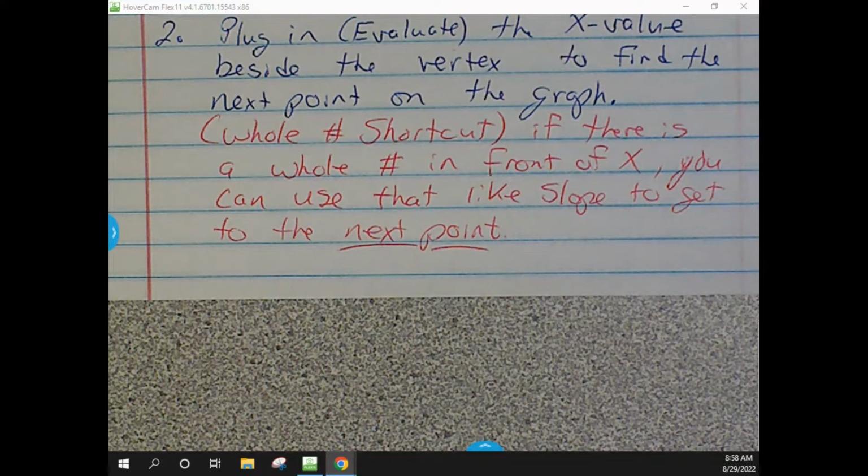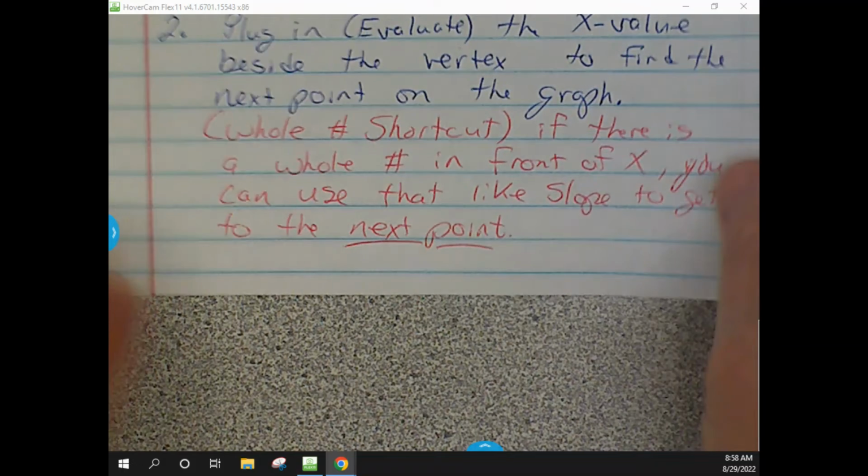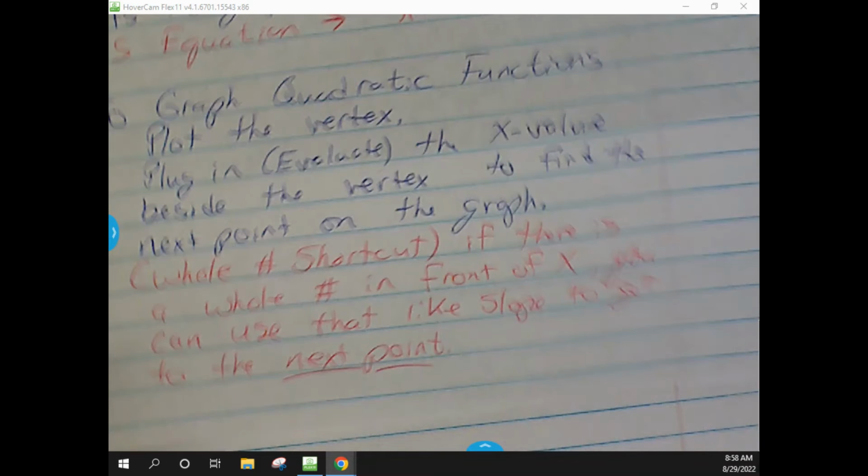Okay, so there's how we plot it. There's how we graph it. Here's what we need to see, because there's 2 different forms, and today we're taking the vertex form.